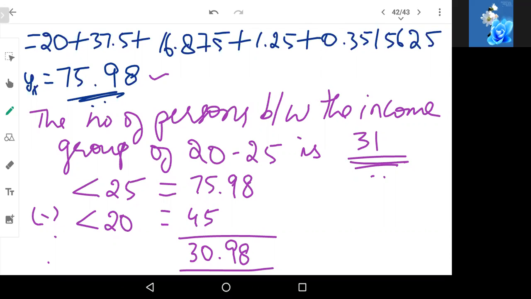Did you all understand this, or do you want me to repeat the conclusion part? Everybody understood? A compulsory question will come, so please don't take a chance. It's a very easy answer. It doesn't consume a lot of time.